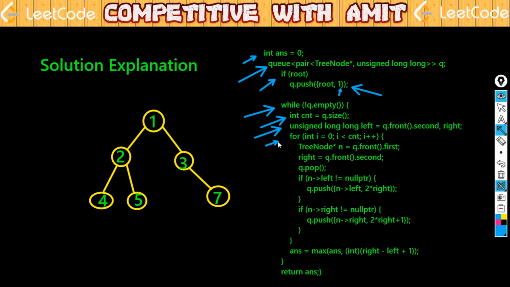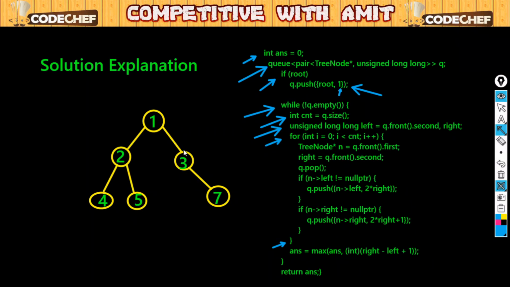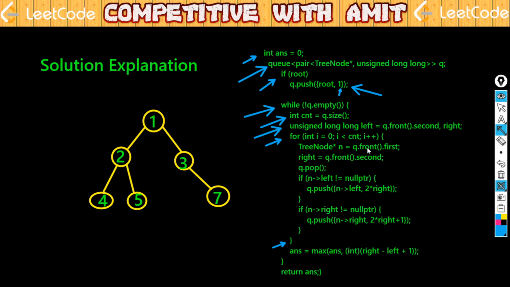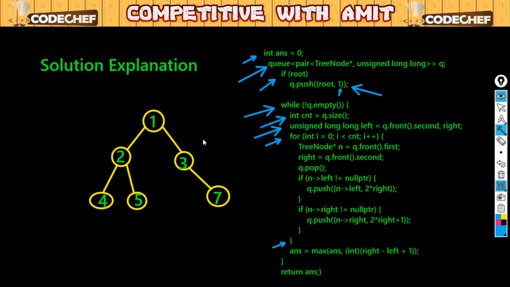Now I will go into the loop. What this loop is doing is just finding the leftmost and the rightmost value of the level. The first value which we get, we take that value. Suppose in this case we get this first value, so we take this value.